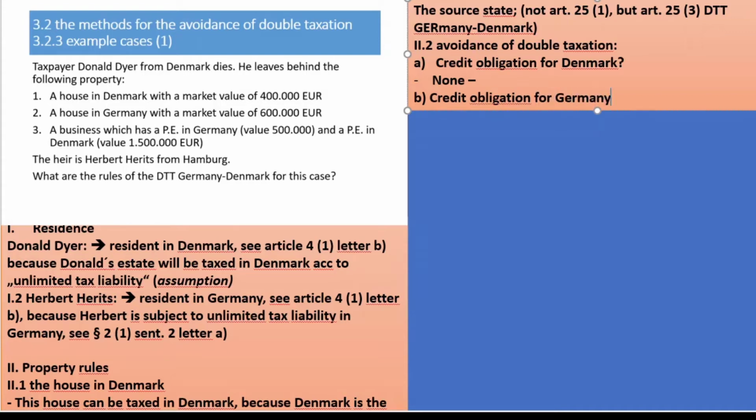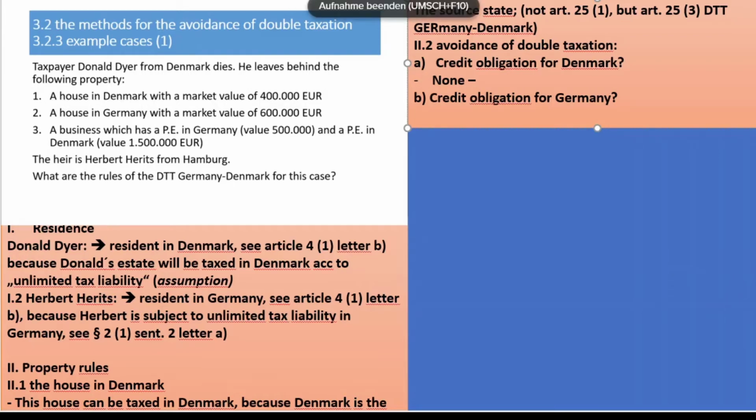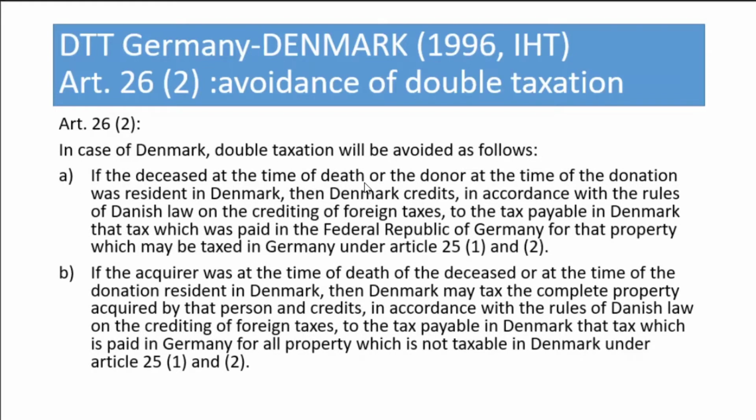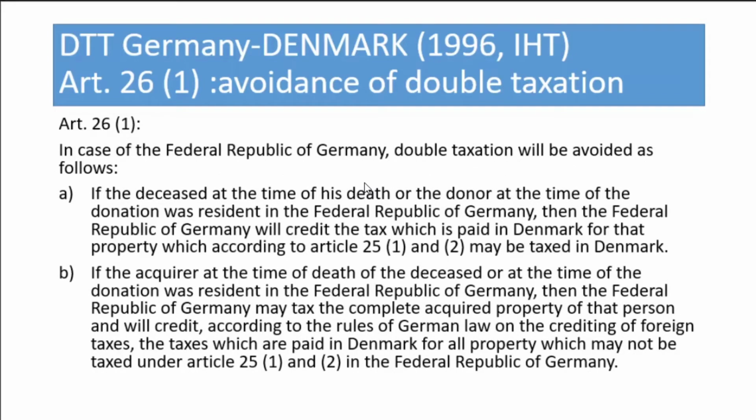So we need to ask if Germany needs to credit the Danish tax, and again this will be found in Article 26. You remember that in that double taxation article we have the standard structure. First, if the country of residence of the person involved is Germany or if it's Denmark. We need Germany here. So if the deceased at the time of his death was resident in Germany, no, that's not our case.